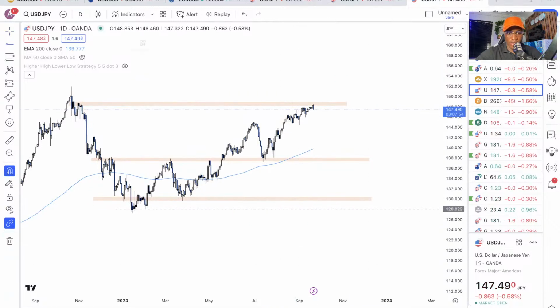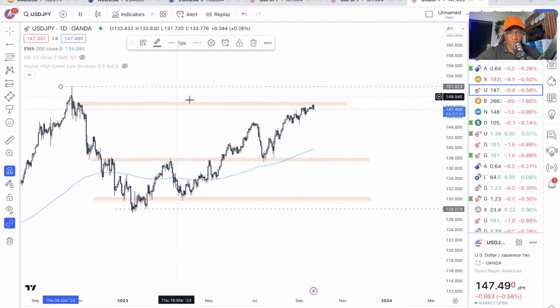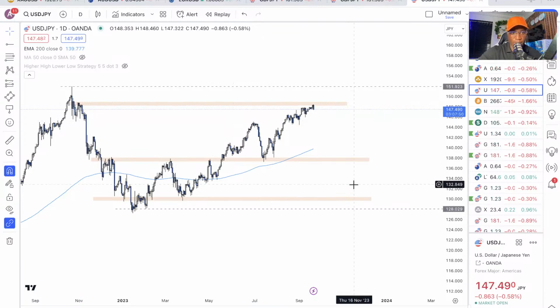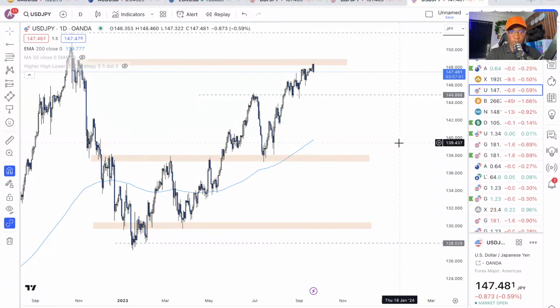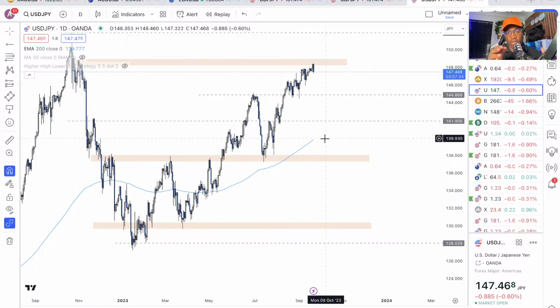You can just look at the market and try to spot your support and resistance levels. And if you don't see them, then you don't have to force them to be there. Okay. You just focus on the ones that you can easily spot, just like I did right now. And then you can start to look in between and identify some minor levels.